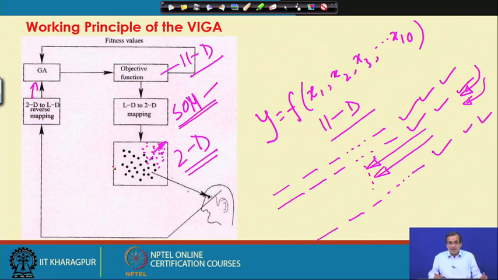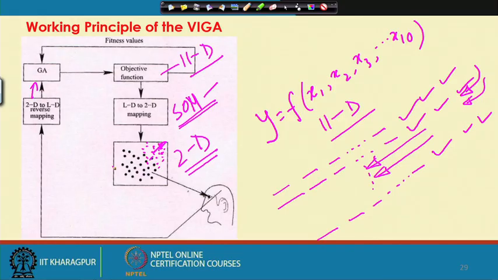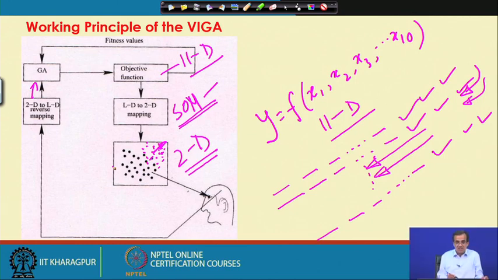That means, we are going to use the problem information just to guide the genetic algorithm, so that the genetic algorithm will become faster and its search speed will accelerate, and it is going to hit that globally optimal solution soon. So, this is actually the working principle of this visualized interactive GA.